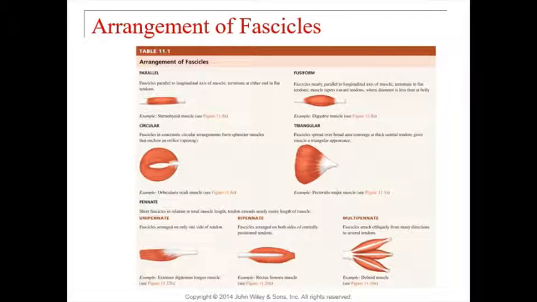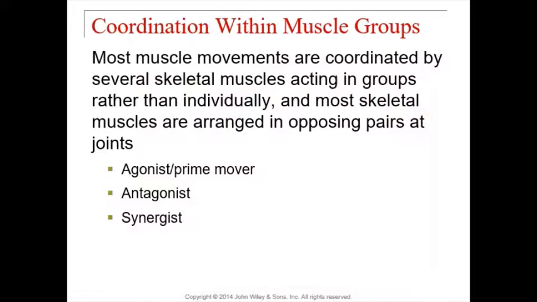There's something called the agonist, or sometimes called the primary mover or prime mover, something called the synergist, and if you're reading another textbook, they'll even name something called a fixator. So what are these roles that these muscles could play? What are these definitions for these terms?